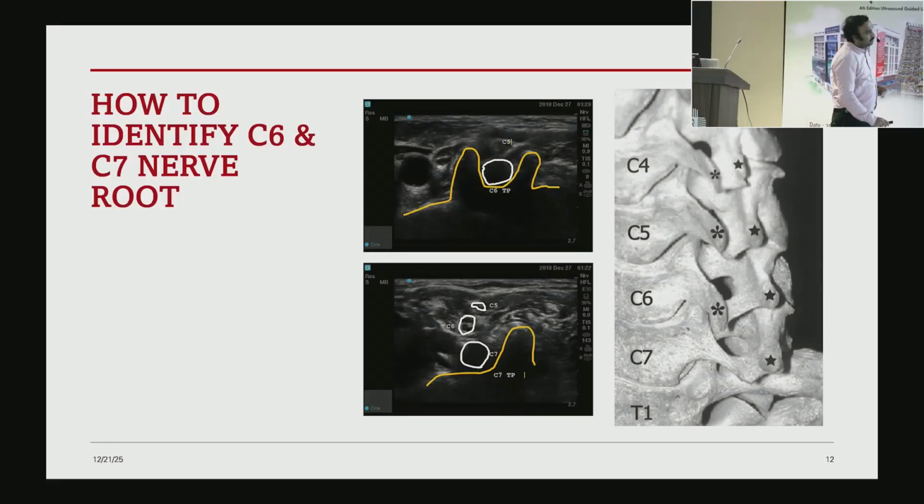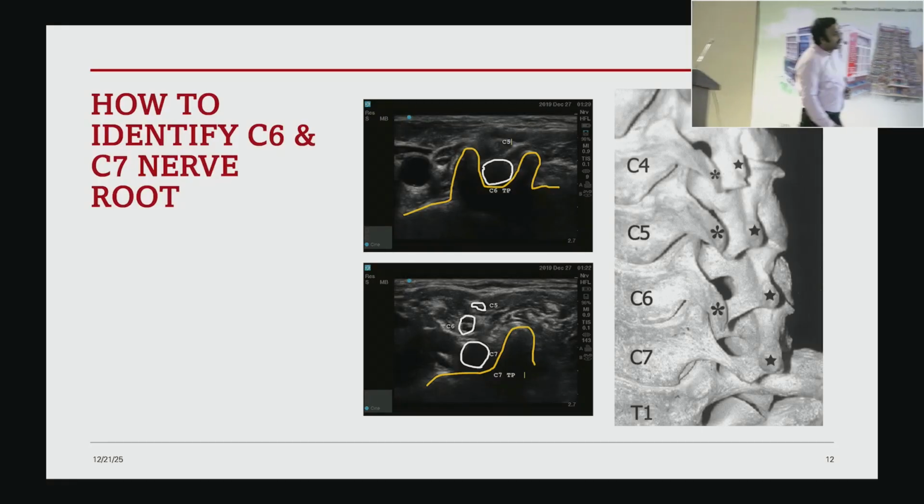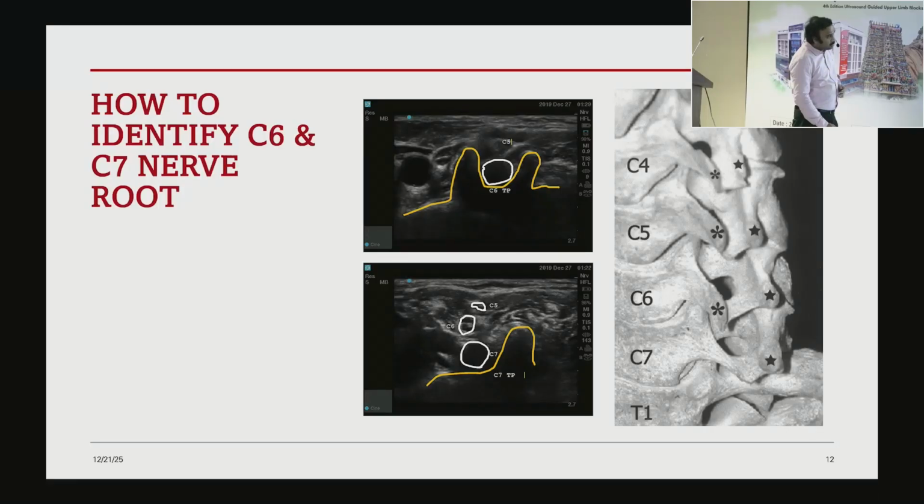So we all know C4, C5 and C6 have both anterior as well as posterior tubercle. Whereas when you look at C7, the anterior tubercle is absent or rudimentary, whereas it has only a posterior tubercle. So when you look at ultrasound, when you have a posterior tubercle alone, it is the C7 transverse process. Whereas when you see the C6 transverse process, it will be having two tubercles, anterior and posterior tubercle.